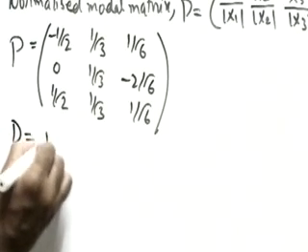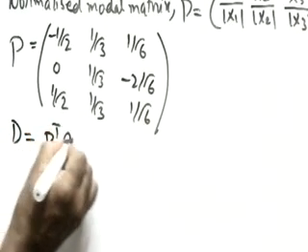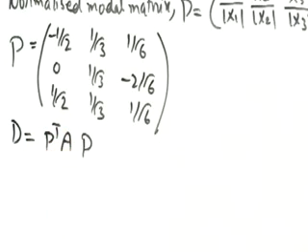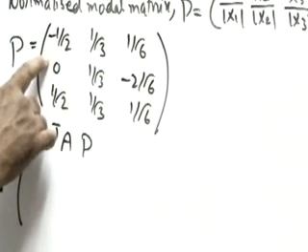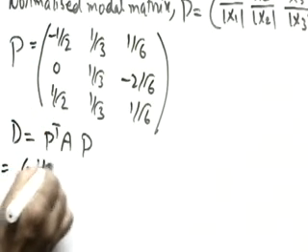Now the next step is we have the diagonal matrix D equals P transpose into A into P. Now let me write the value: D equals P transpose, this one.